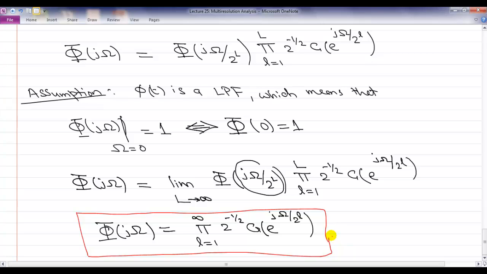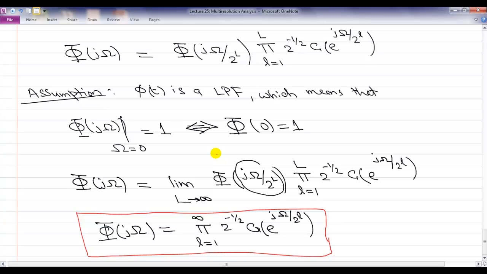So let's find out what the properties of this filter are, because we'll keep on talking about this filter and eventually we'll forget about everything else, and the only thing we'll care about is this filter. And by filter, I mean the sequence g of k, or g of n, that defines our two-scale relationship.